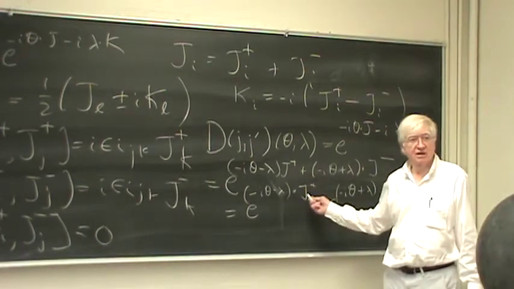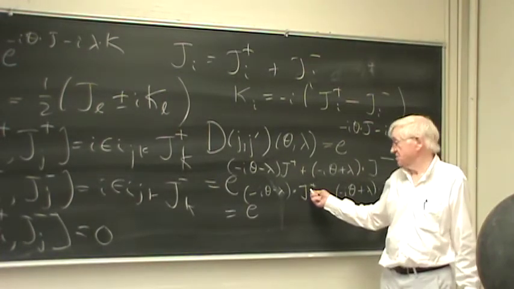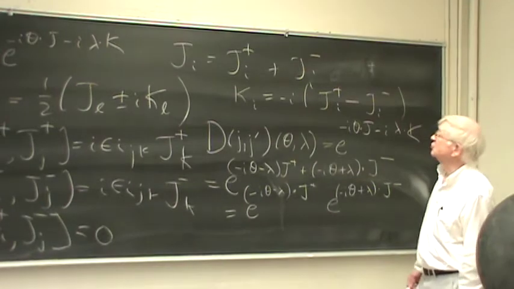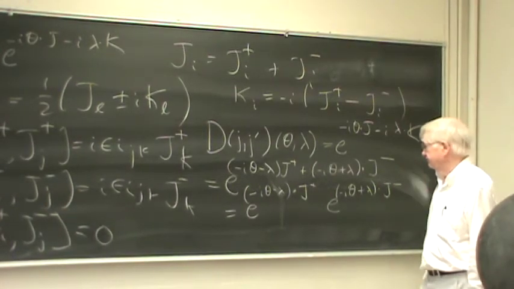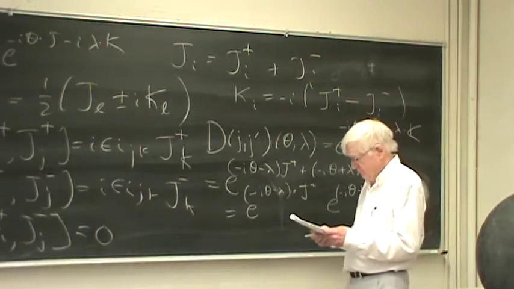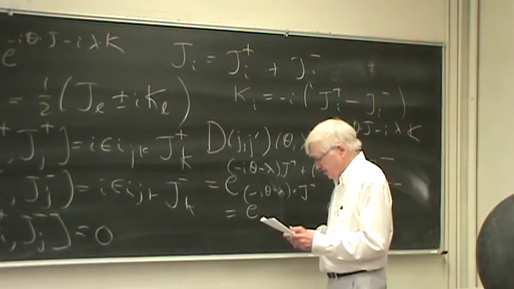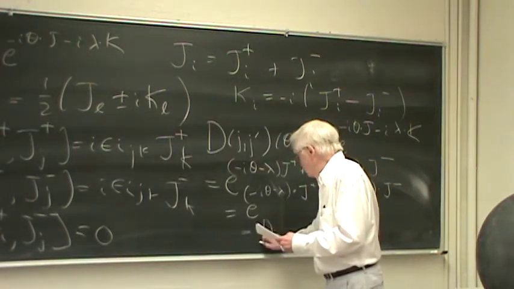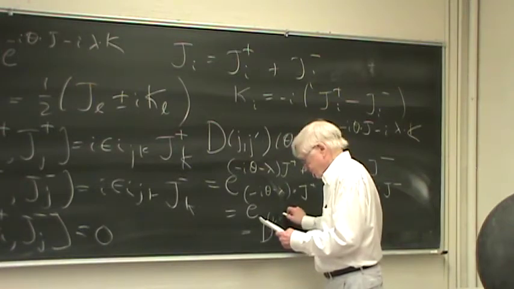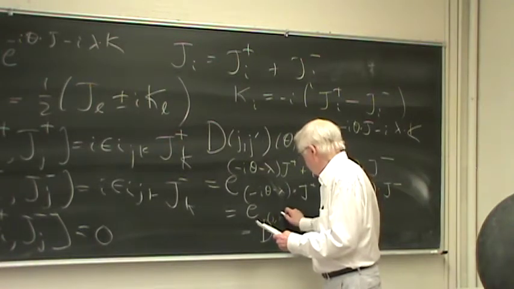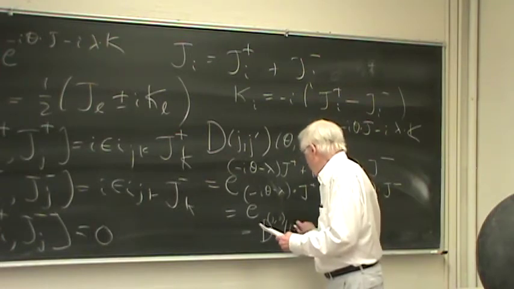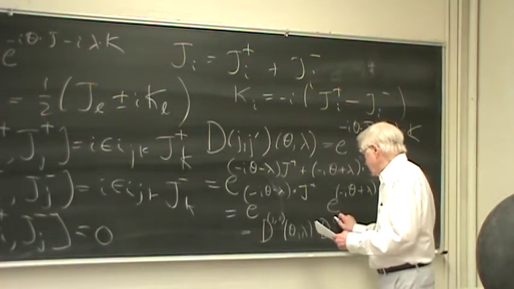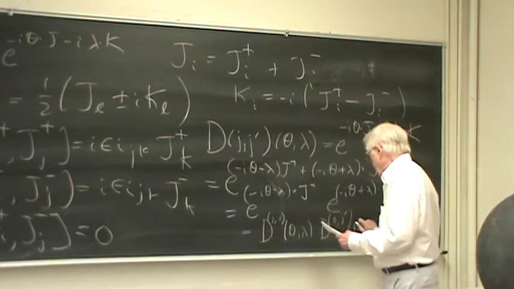And these matrices commute because the J_plus and J_minus commute. These things obey the commutation relations of the rotation group, and so what we've got here is essentially, we call this thing D^(j)_0 of theta and lambda times D_0^(j') of theta and lambda.